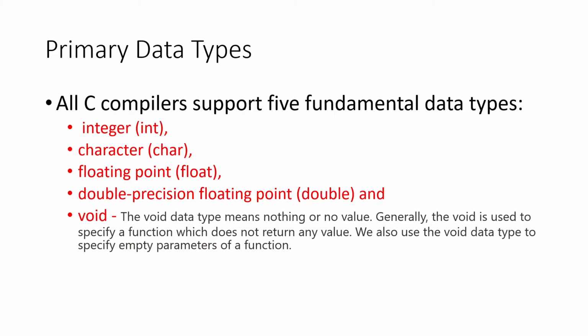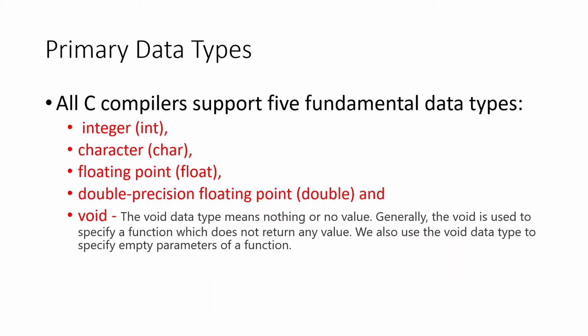There are instances when we need to specify that there is no value. So for that we use the keyword void. The explanation will not be clear for a beginner. That will be clearer when we discuss functions. A function has a provision to return a value. So if no value has to be returned, we can use void. Another thing is there are some arguments that have to be passed for a function to be called.